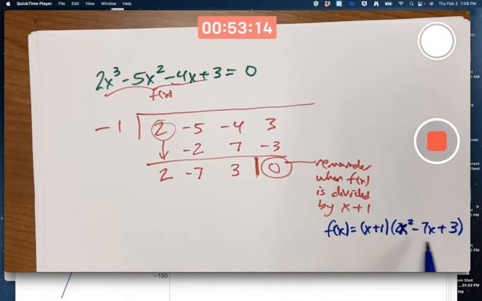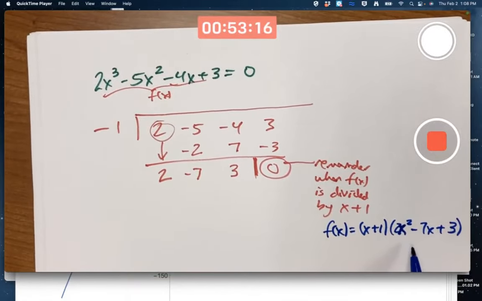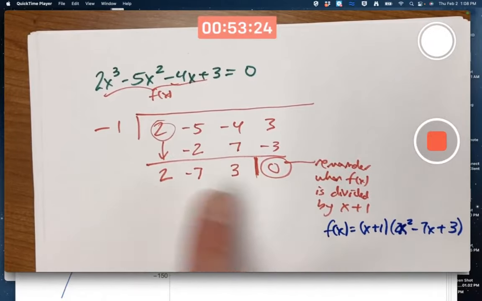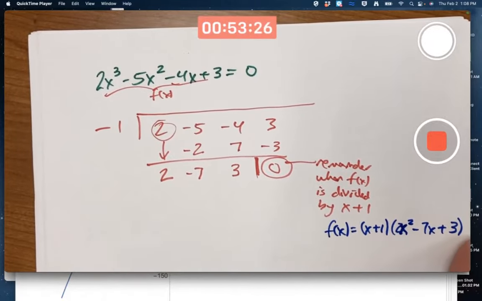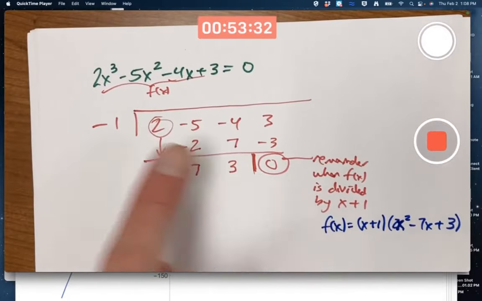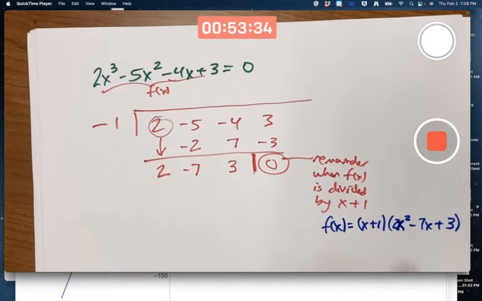To check it, you'd have to multiply this out. I'm assuming I haven't made a mistake here. If we had gotten a non-zero remainder, then when we divide by that thing, you'd have a plus whatever that remainder is here. And -1 would not be a root of this, but it is 0, so it is a root. -1 is a root of this polynomial.